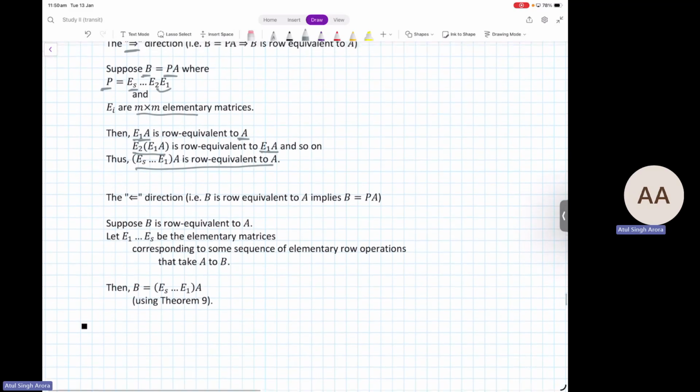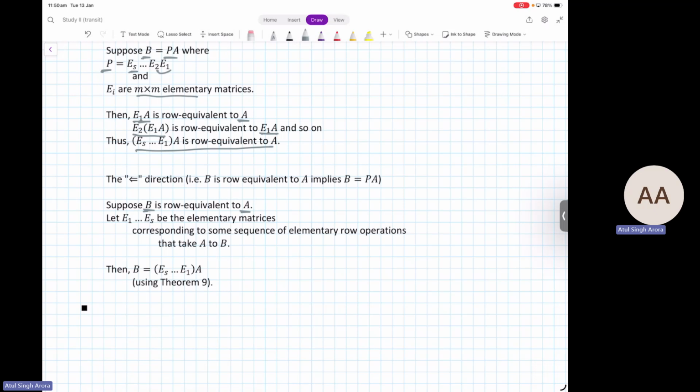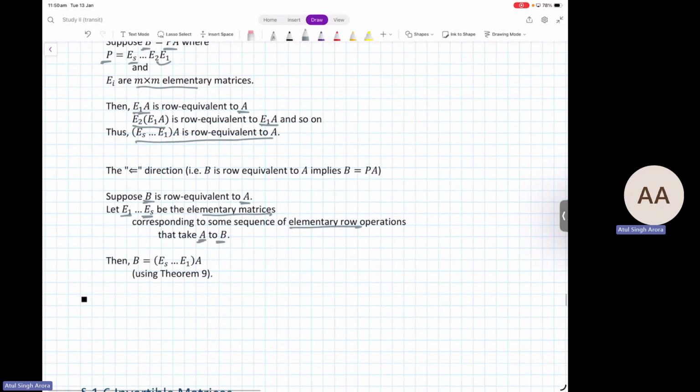Okay. And the second direction is the following. Now we're saying that suppose B is row equivalent to A. Then we were supposed to apply elementary operations, and suppose that E1 to Es are the elementary matrices that correspond to the row operations that you needed to apply to carry A to B. So if you had to apply E1, E2, and so on up to Es on A in order to obtain B, then the corresponding elementary matrices, those we are calling capital E1, capital E2, and so on.